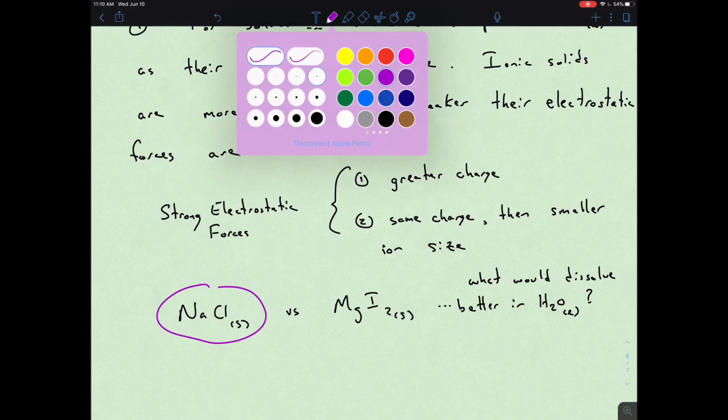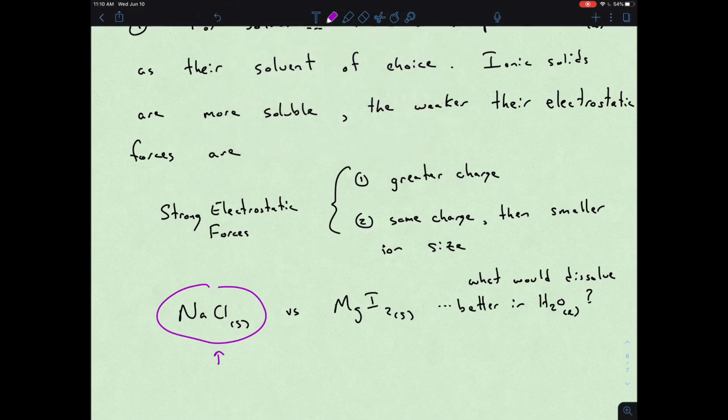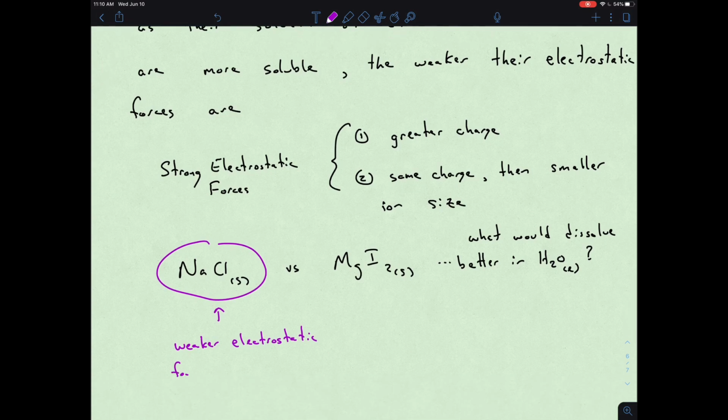Sodium chloride here has weaker electrostatic forces due to smaller charge.